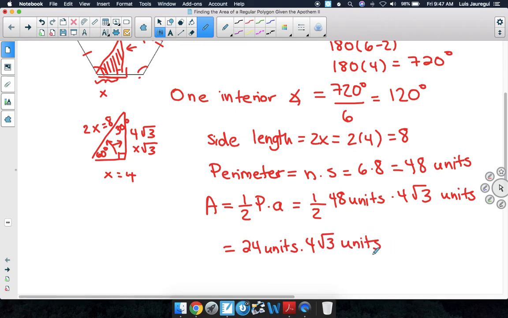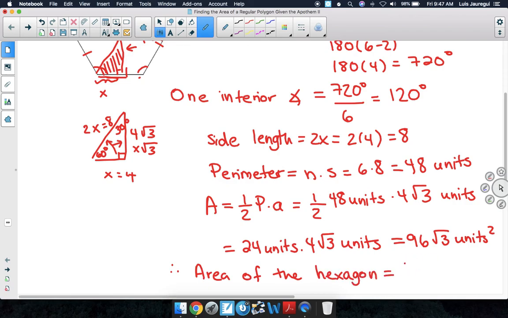So let's multiply the 24 by the 4, and we get simply 96 times the square root of 3, with units times units becoming units squared. So we can say, therefore, the area of this regular hexagon is equal to 96 square root of 3 square units. And that's how we can find the area of a regular polygon given the apothem. Thank you for watching and have a wonderful day.